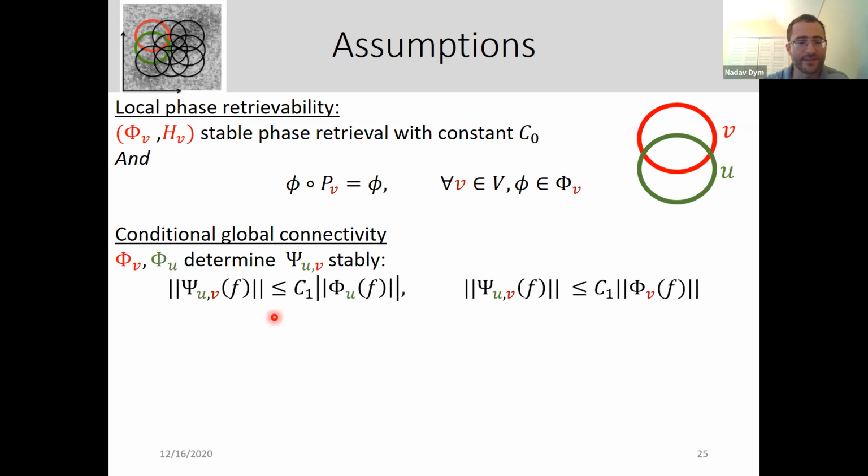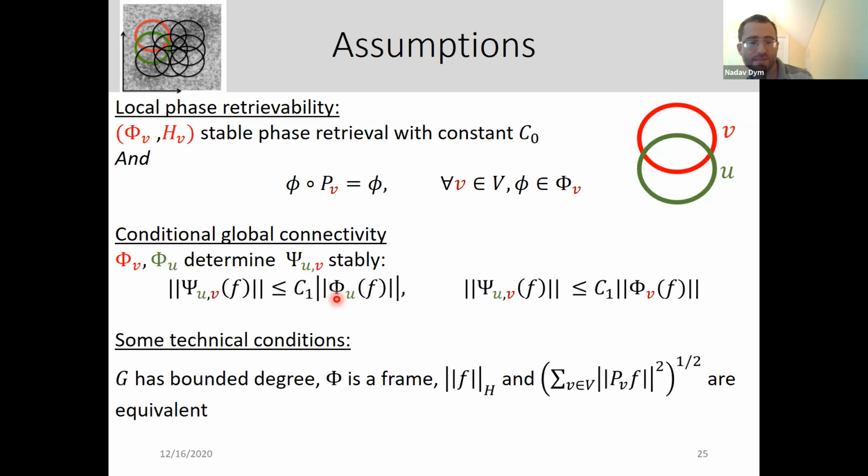That's also important for understanding what's going on here, because the phi's are the measurements I'm getting as a user. The psi's don't exist in the measurement scheme in practice; application-wise, I'm going to compute them from the other measurements, and I can do it stably.